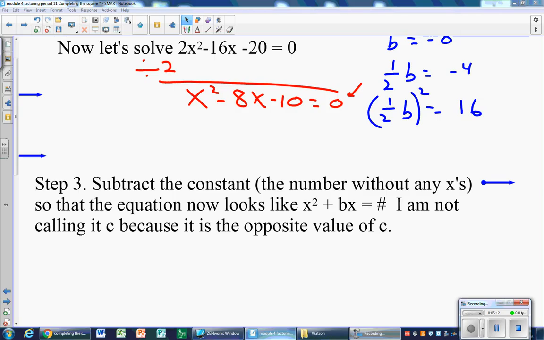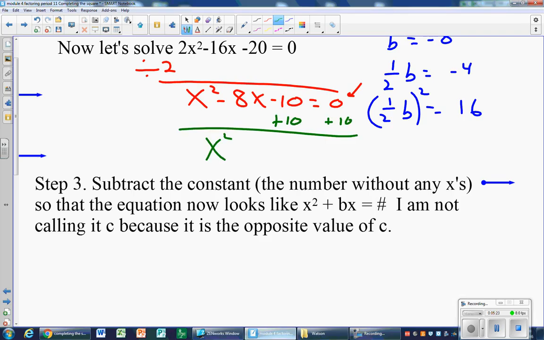Step number 3, subtract the constant number. Now, I'm subtracting negative 10, so subtracting a negative number is just adding a positive. So I have x squared minus 8x equals positive 10. That way, x squared plus bx equals some number.